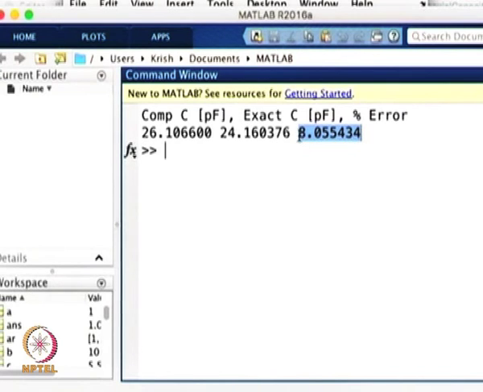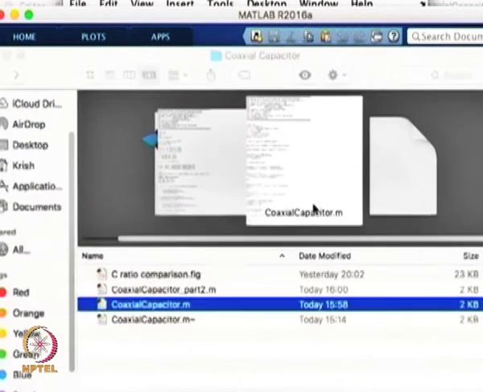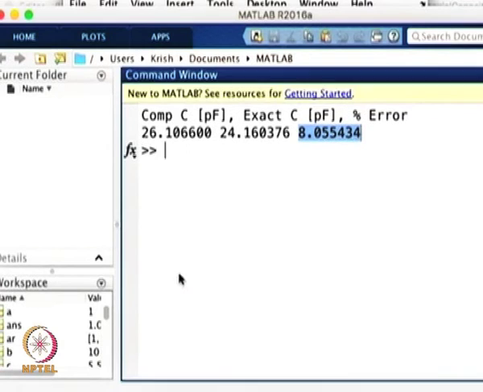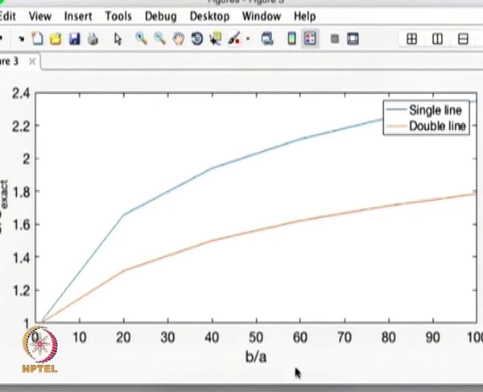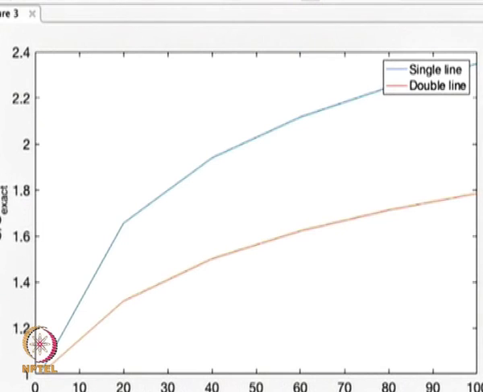In the previous case the error was 59%, and now you see that the error for the same quadratic 3-point approximation has reduced, and this is exactly the graph which I showed you before, where we are able to see when the value of b by a is going to come down. So when b is comparable to a, the error is going to also reduce. This is what you are seeing.